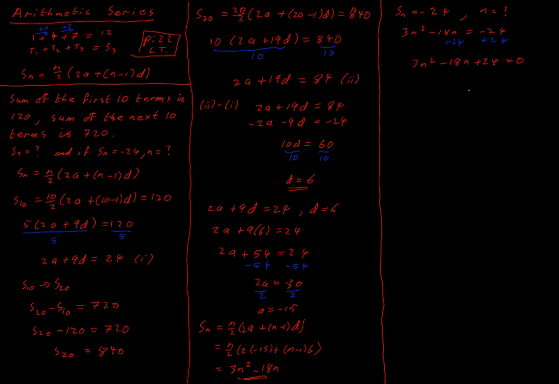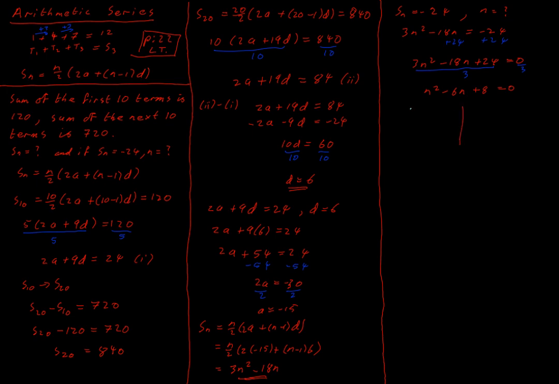I recognize that I have a common factor of 3 for everything, so I can just divide that out. n squared minus 6n plus 8 is equal to 0.